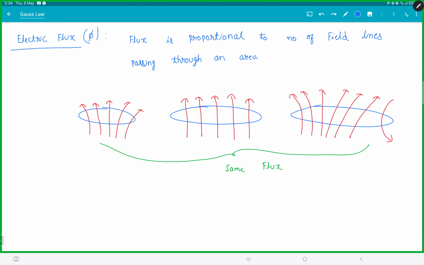Now, mathematically, flux is given by the integral of E bar dot dA bar, where E bar is your electric field and A bar is your area vector.